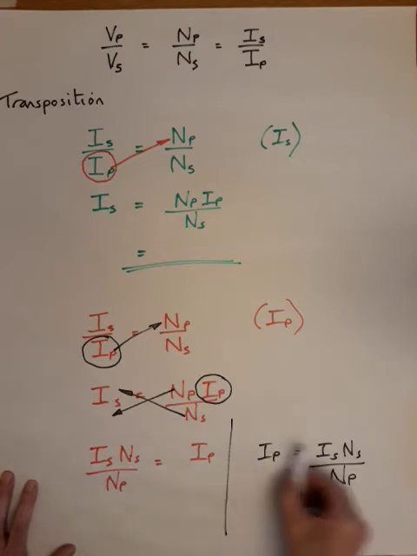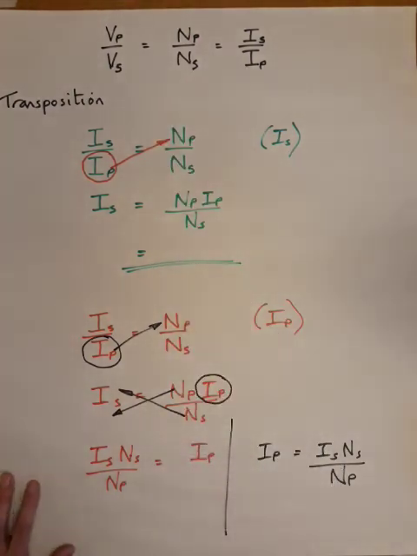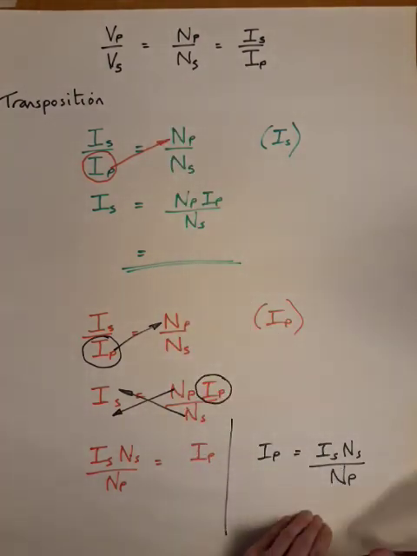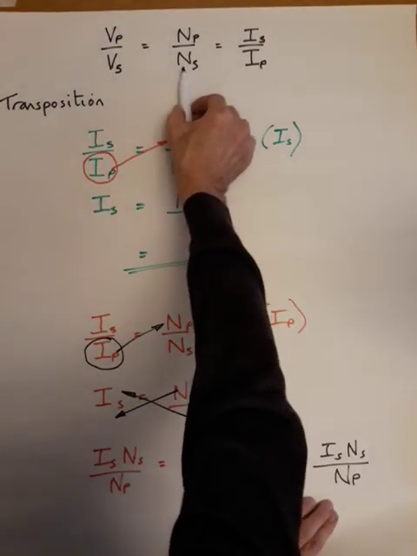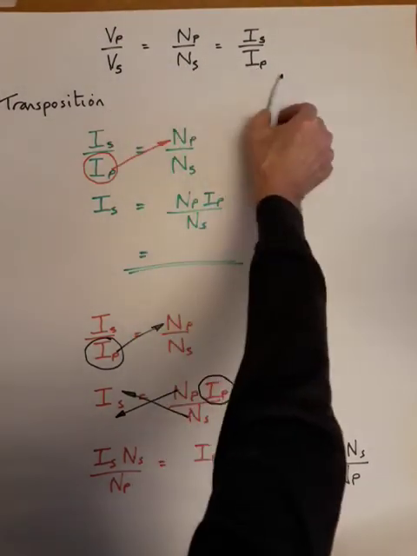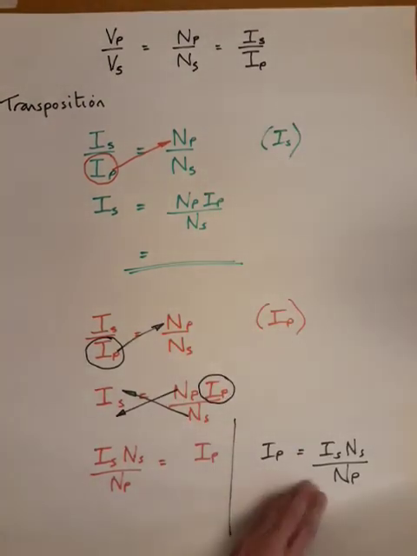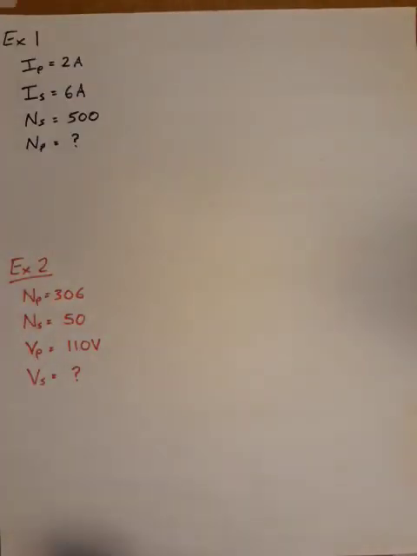So at this point, you're ready to put some numbers in, and then you can solve the problem. So this was reminders about transposition. And before I move on to the final page, you're only ever going to use a combination of two of these. So let's move on to the last bit.